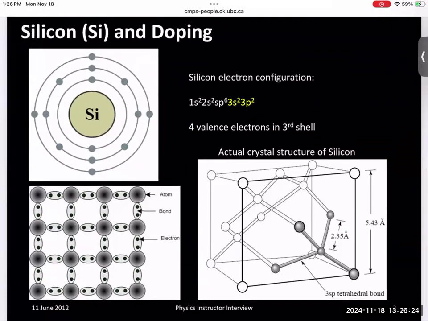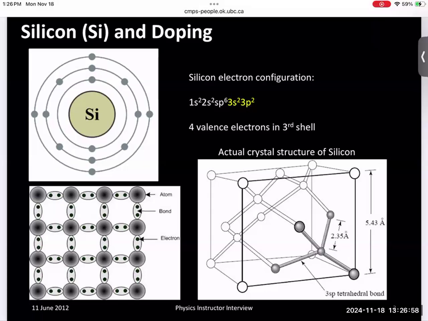So what I want to take away from this picture is that here's the realistic kind of view of a solid piece of silicon, the crystal structure of silicon. And you can see it's quite complicated. But they've highlighted part of this. If you focus on this silicon atom right here, these lines are going towards its nearest neighbors. This is a 3D picture.